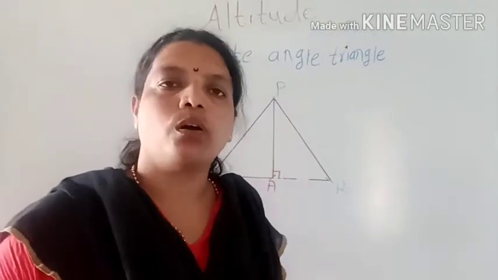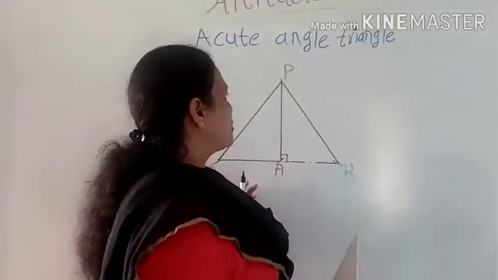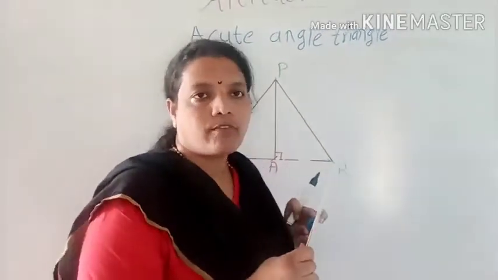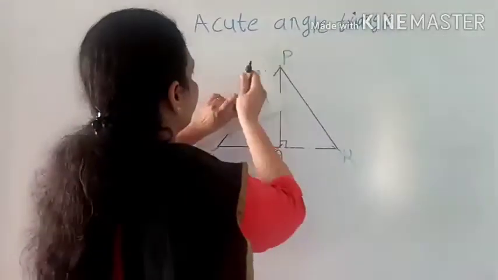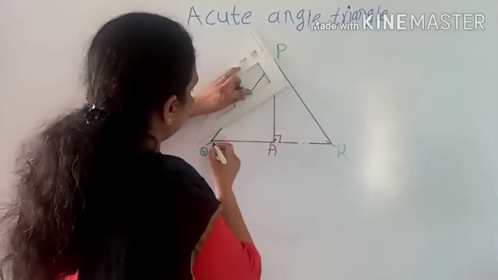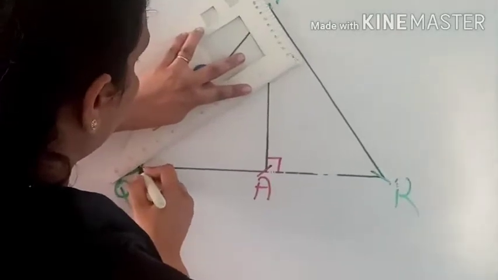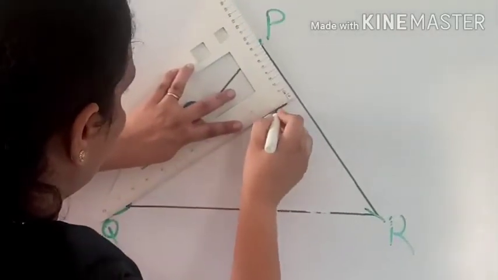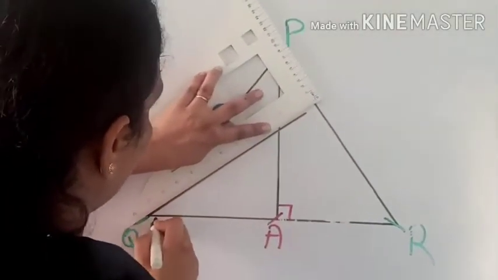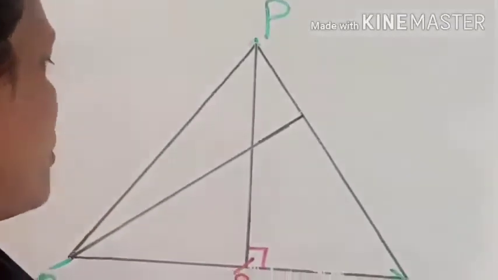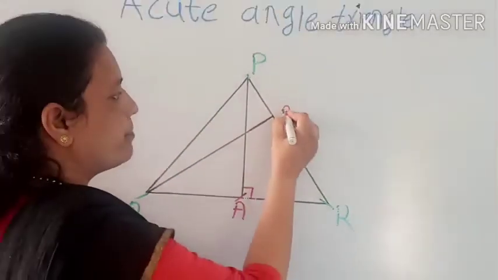Similarly, we will draw an altitude from Q to PR. Now again, the perpendicular end we have to keep on PR. Now we will give the name QB, perpendicular to PR.